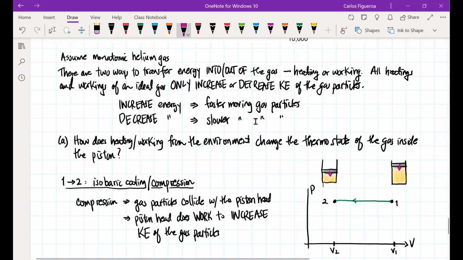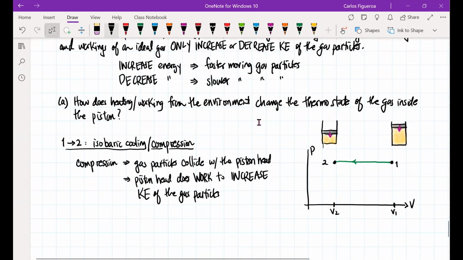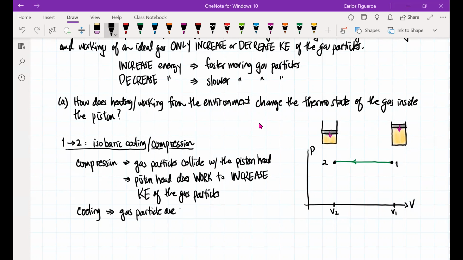Now, what does cooling mean? When I say the word cooling, you got to think about the gas particles. Cooling implies that the gas particles are made to decrease their kinetic energies.